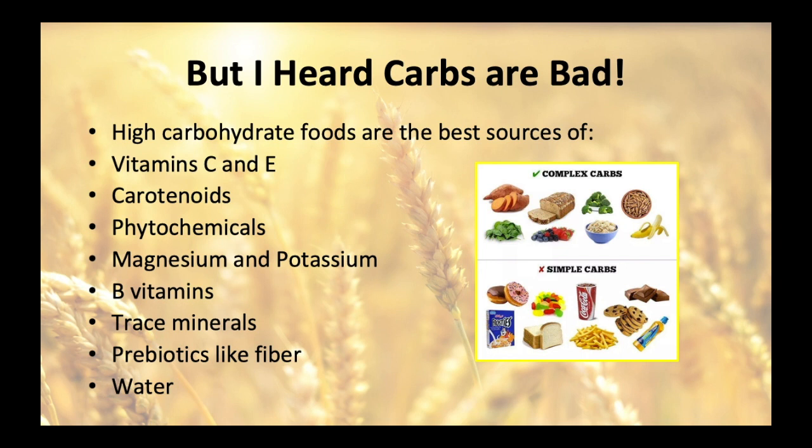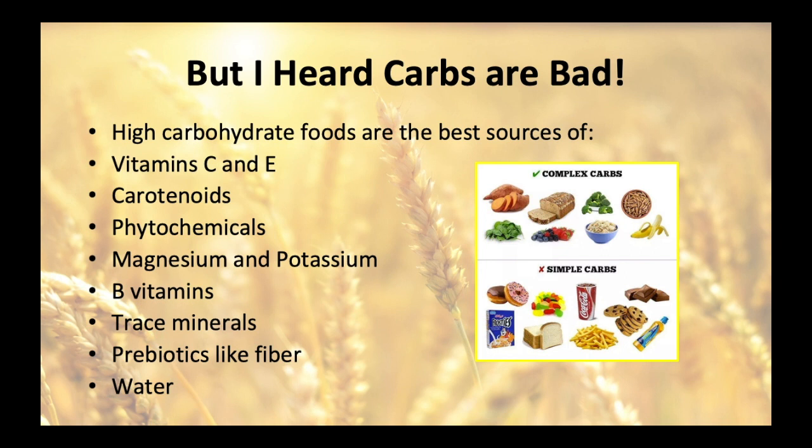Carbohydrates are also high in vitamins, carotenoids, these phytochemicals, plant chemicals that reduce our risk for things like colon cancer and breast cancer and heart disease. They're also high in magnesium, potassium, B vitamins, trace minerals like selenium and zinc, and that fiber acts as a prebiotic to feed our good gut bacteria. They're also a great source of water when they absorb water in the cooking process. These are what we call good carbohydrates.